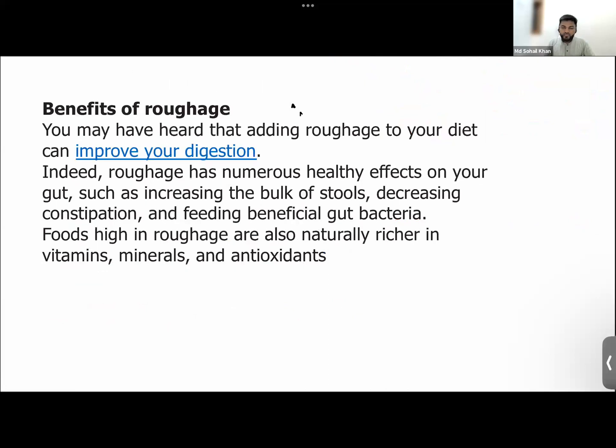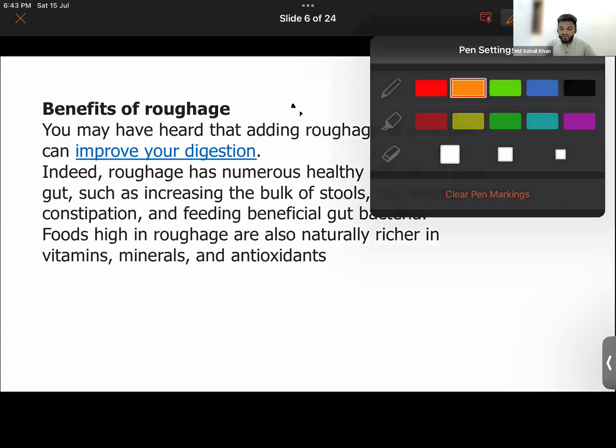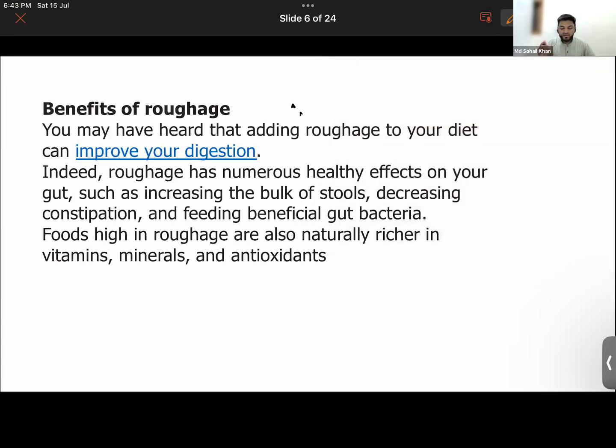As we were discussing, cellulose is important, it forms part of roughage in our body. So how is this important? You might have heard about roughage somewhere. If you add roughage in your diet, it improves your digestion.